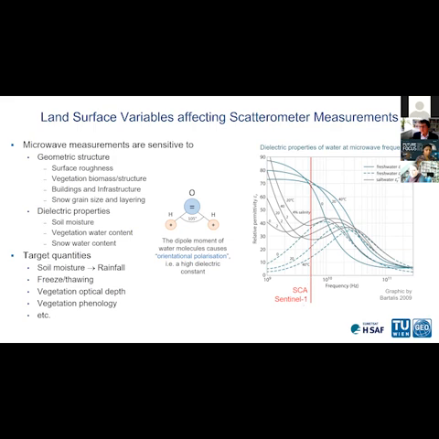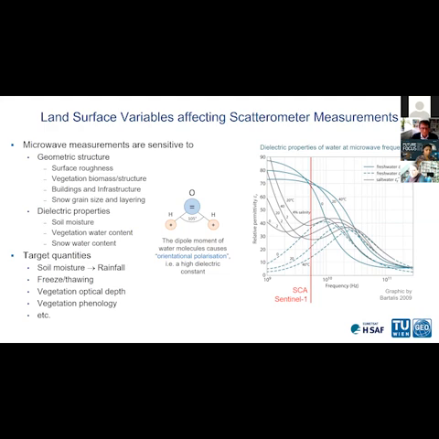And you see here we are still at the point where there's a very drastic change, with very high dielectric constant values. So anywhere where water is being mixed into material, whether it's the soil, the water within the vegetation, or the water within the snow layer, you have a very, very strong and drastic effect on the backscattering characteristics.